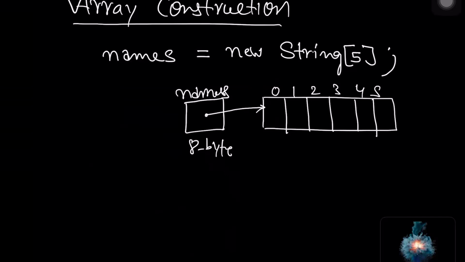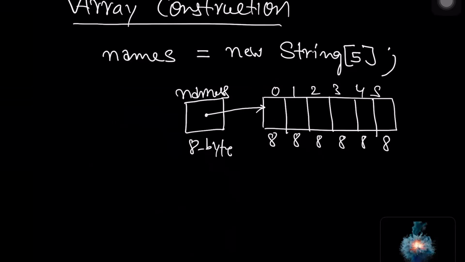Now, which type of array is it? String. So each index will store which type of data? String. So what is the size of string? 8 byte. Yes, 8 bytes. So each block contains 8 byte of memory space.